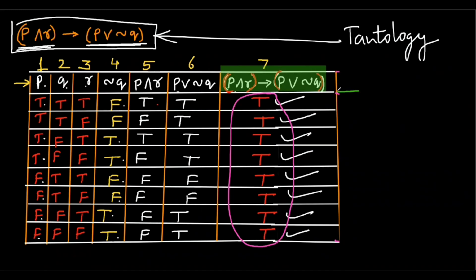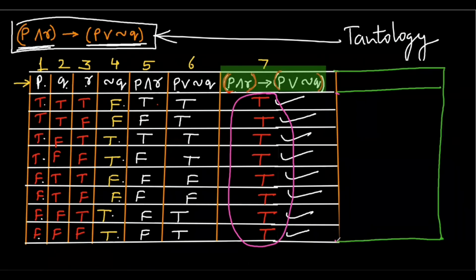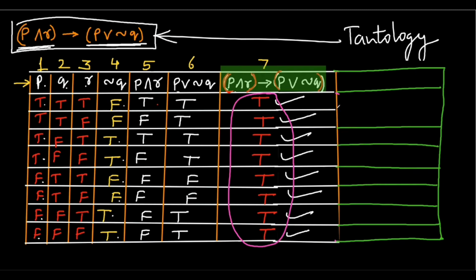Suppose you prepare a truth table for a statement pattern, and you found T, T, F, T, F, T, T, F.